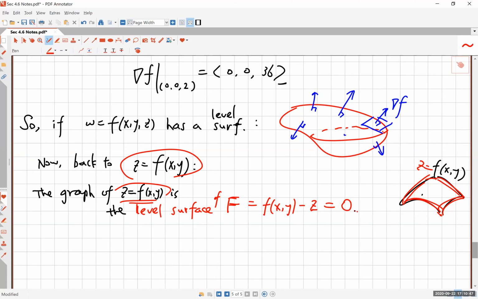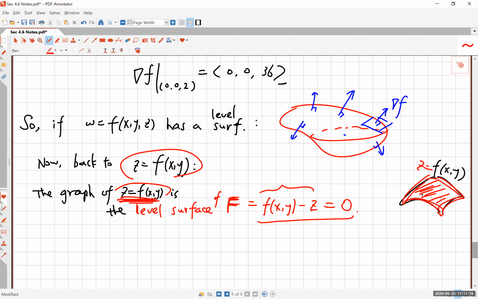Now this makes sense because I'm collecting all the points where z is equal to f of x, y. If you define capital F to be this function of three variables, then this entire graph of the function of x, y can be considered the level surface of the capital F corresponding to the value 0, because obviously this is true whenever this is true, right?